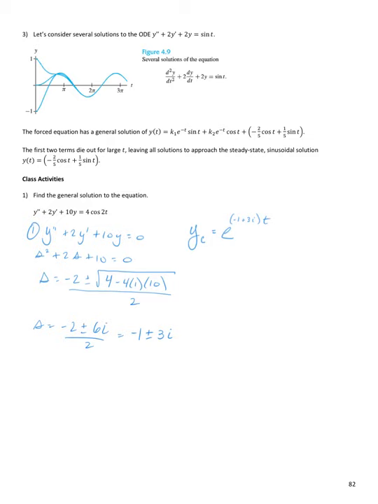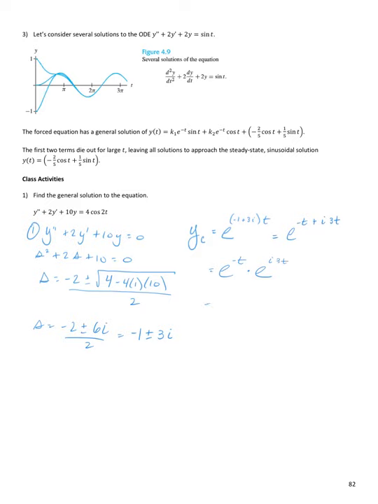Okay, so now I'm just going to do a little algebra here. I'm going to distribute the t, and I get e to the negative t plus i 3t. And then I'm going to rewrite that as e to the negative t times e to the i 3t.